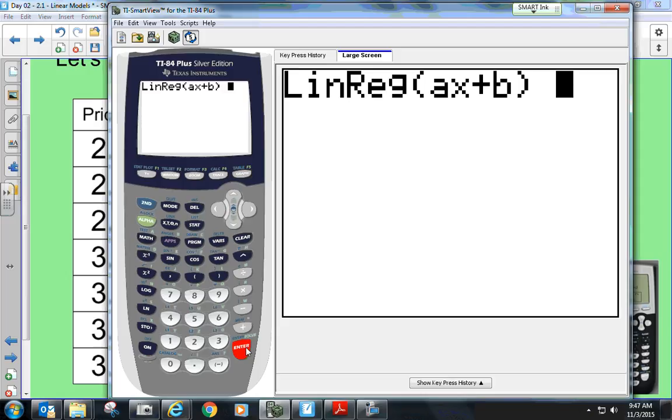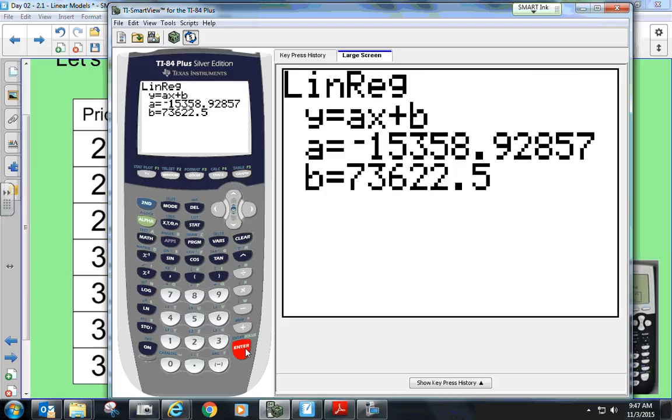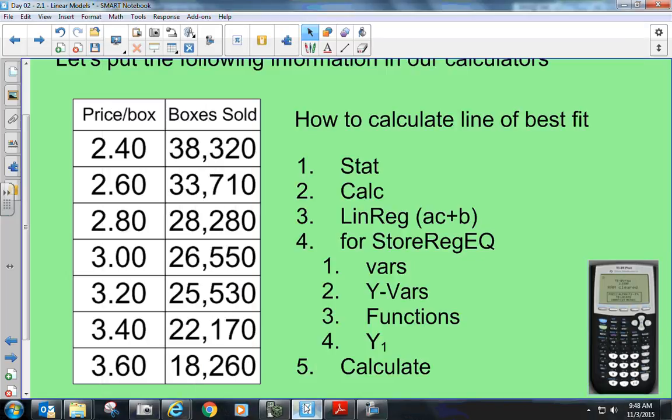Okay? Mine does not give me the option to store the reg EQ. Yours does. All right? You guys need to, when it says store reg EQ, when I store your regression equation, that's what that means.